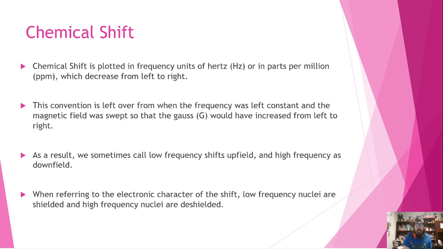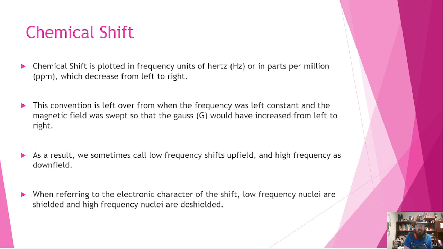It's typically plotted in units of hertz, which has to do with radio frequency, but we often convert that into parts per million, which decreases in number from left to right. So left is high ppm, and right is low ppm. This convention is left over from when the frequency was held constant and the magnetic field was swept, so that the Gauss would have increased from left to right.